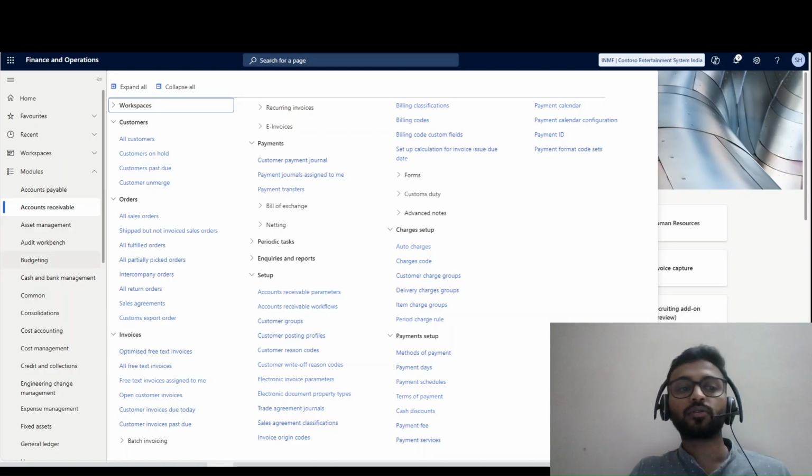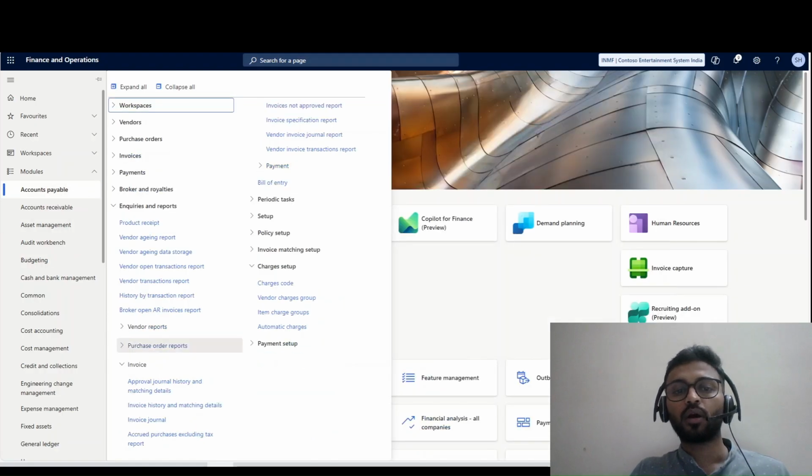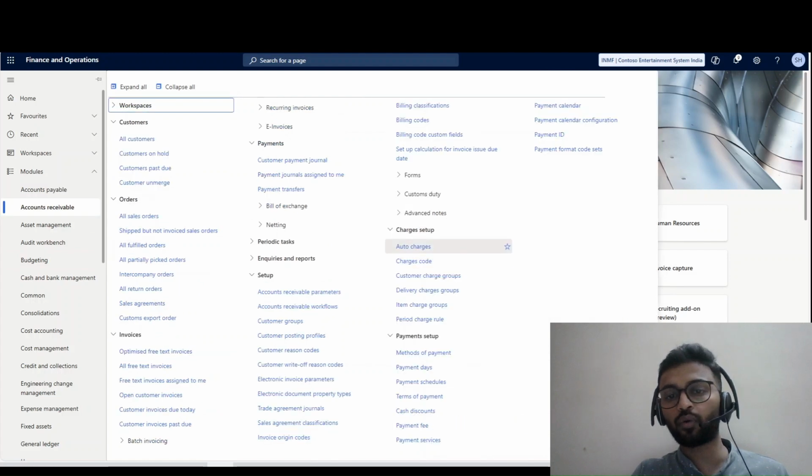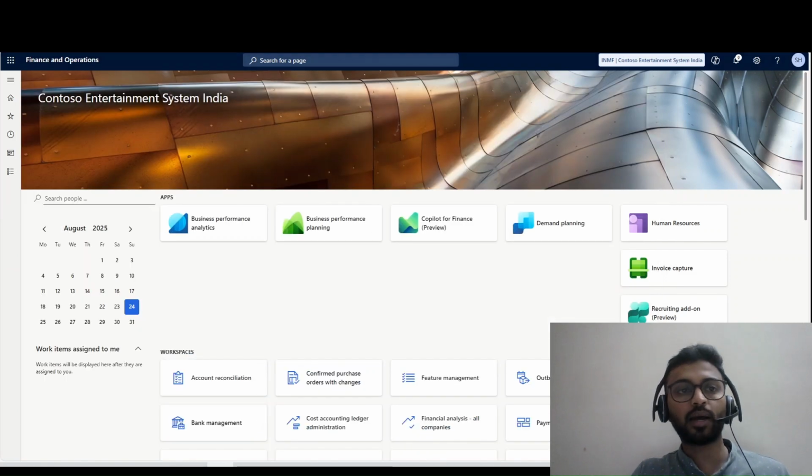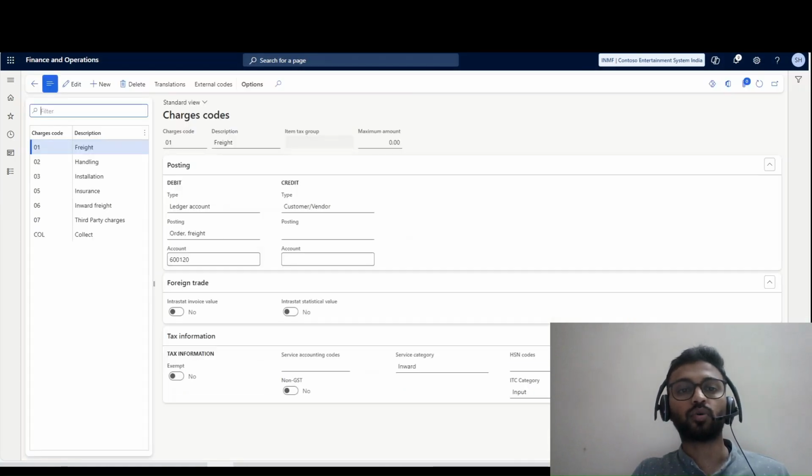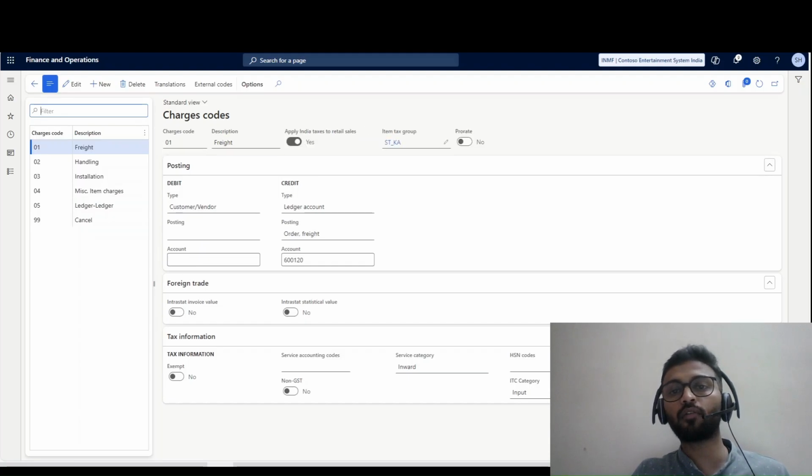If you look into the charge code of accounts payable and accounts receivable, this is my accounts receivable charge code, and this is my accounts payable charge code. See, here in the accounts payable charge code we have an option of maximum amount, and here we have an option of prorate. So this will do the prorata application of the charges. That is the only difference.